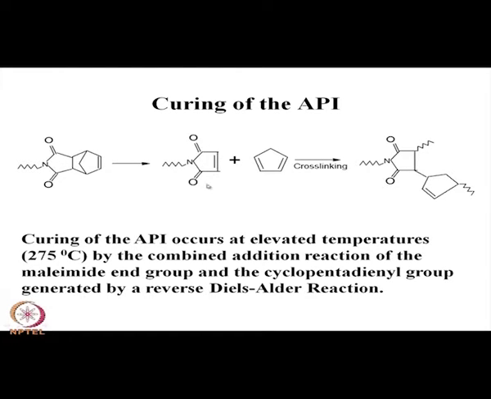Malic anhydride when reacted with amine forms maleimide. This maleimide N group is there in the polymer. So, this is combined by the addition reaction of the maleimide N group and the cyclopentadienyl group, which was generated by reverse Diels-Alder reaction from this N group of this polymer.